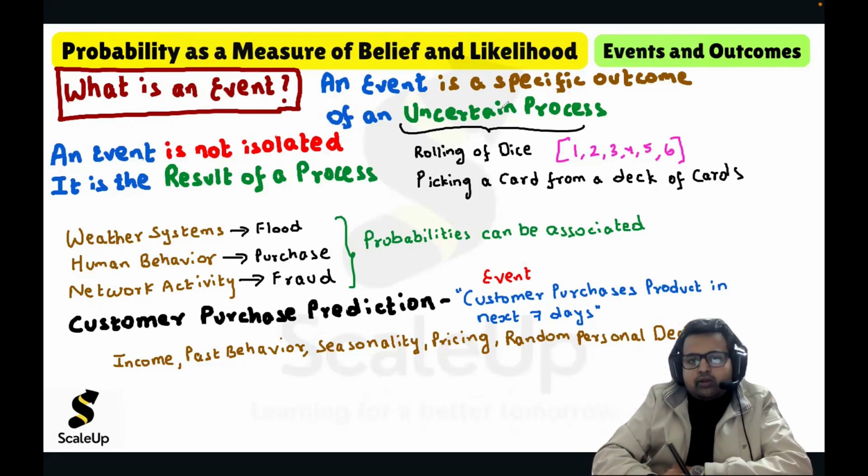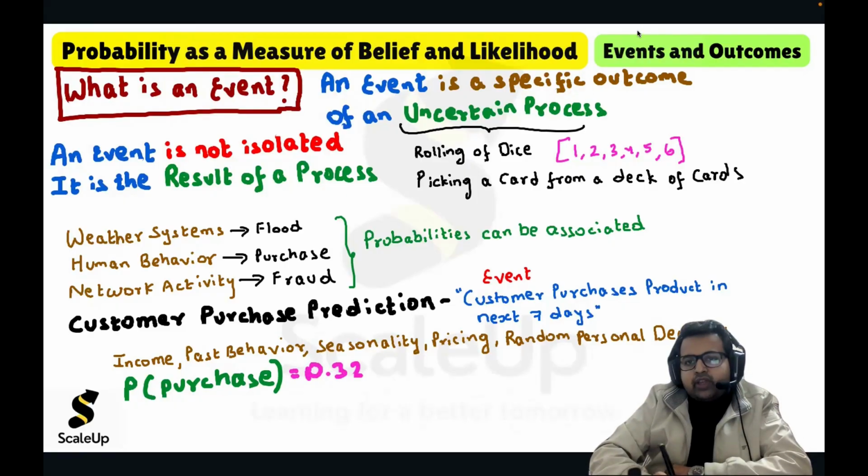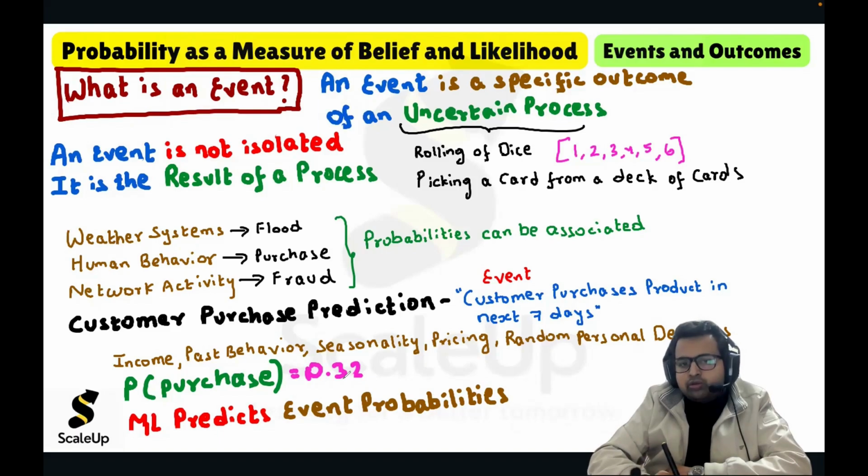And what will our machine learning model do? It will calculate P of purchase, that is the probability of purchase, and let us suppose it is 0.32. So here we can say that machine learning predicts event probabilities, because the outcome, 0.32, is the event probability, meaning the probability of occurrence of the event.